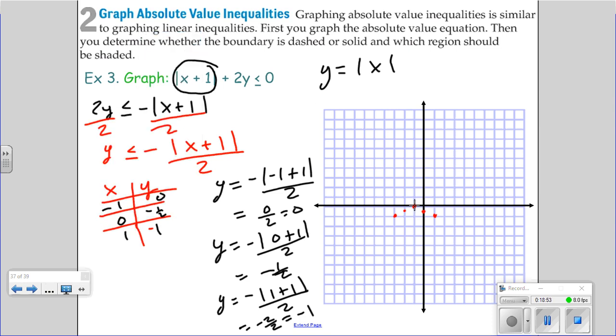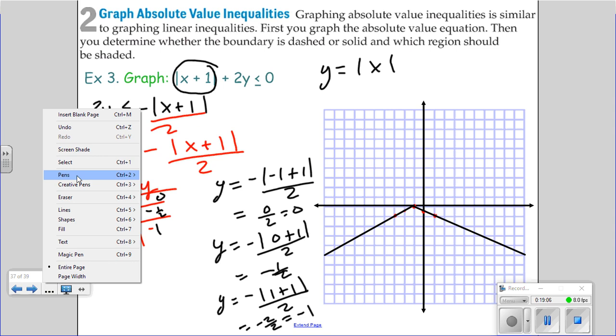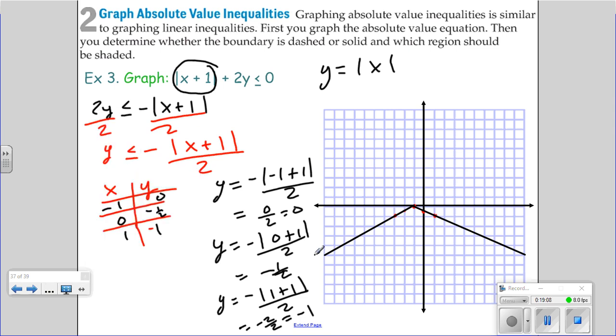And then connect it. And it's continually moving downwards.